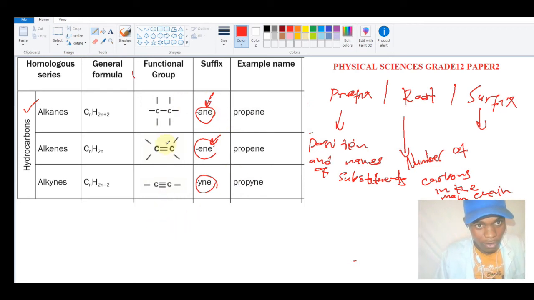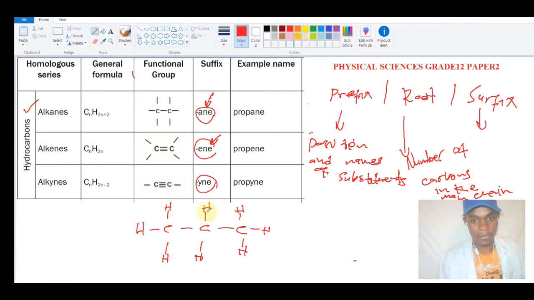Let's say you've got a compound. I want us to start off with the propane I was talking about. This is propane, right?